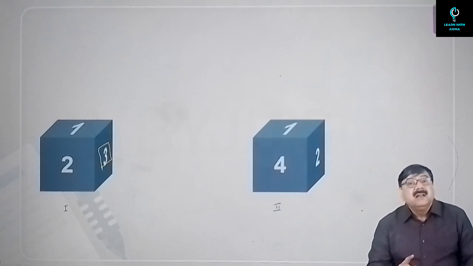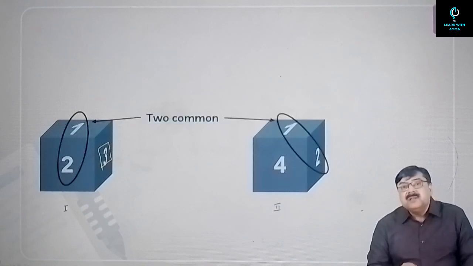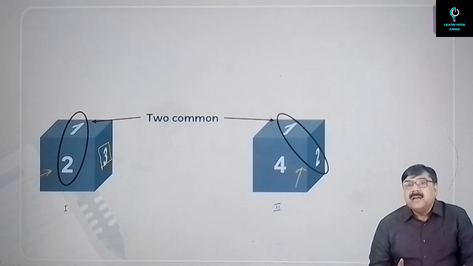In this case, let's make an observation. Now you see that there are 2 numbers which are common in both these diagrams. Here as you can see 1 and 2, here also 1 and 2. So 1 and 2 are 2 characters or 2 numbers which can be seen in both the diagrams.